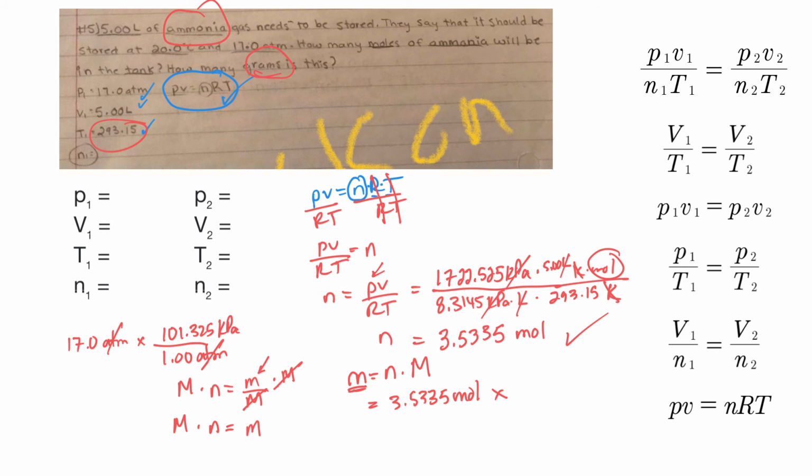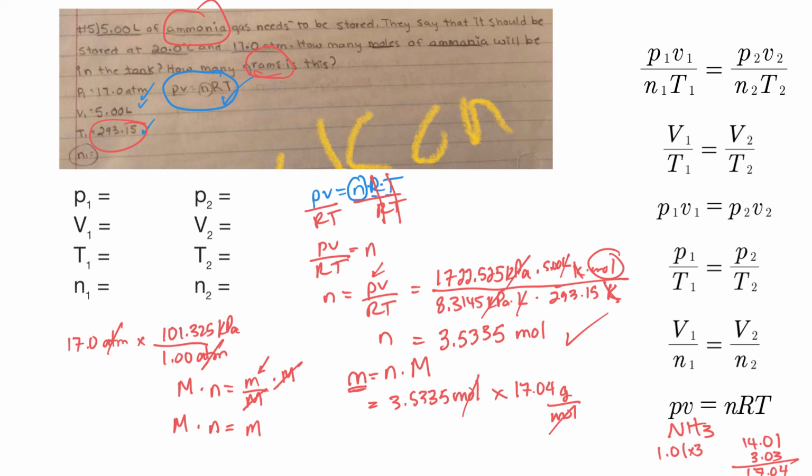Ammonia is NH3. So nitrogen is 14.01. Hydrogen is 1.01, and there's 3 of them, so if you multiply that by 3, you get 3.03. So you add, you get 17.04 grams per mole.